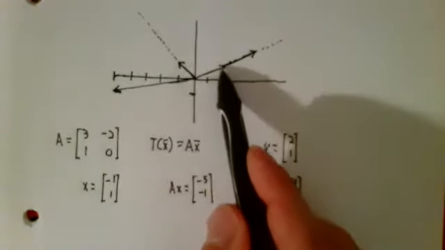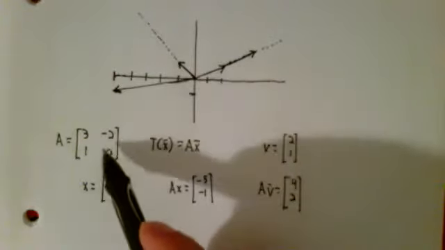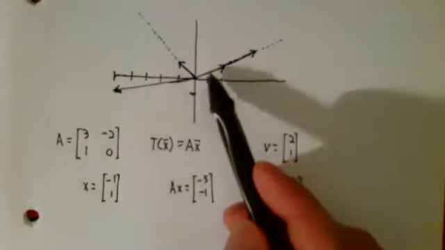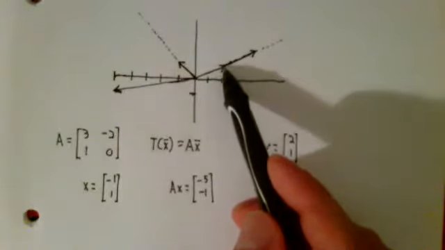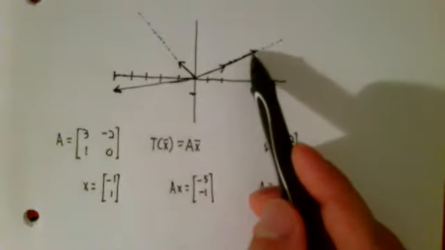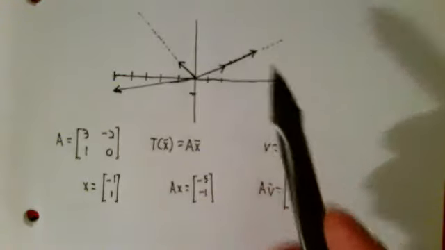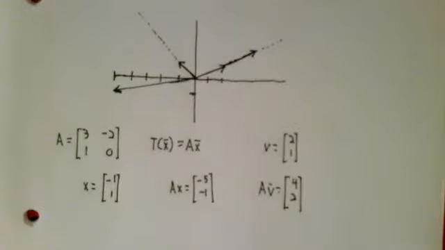Now, multiplying this vector by this matrix did not change its direction. It only scaled its length. And of course, we have another way of scaling the length of a vector. That's where scalar multiplication gets its name.